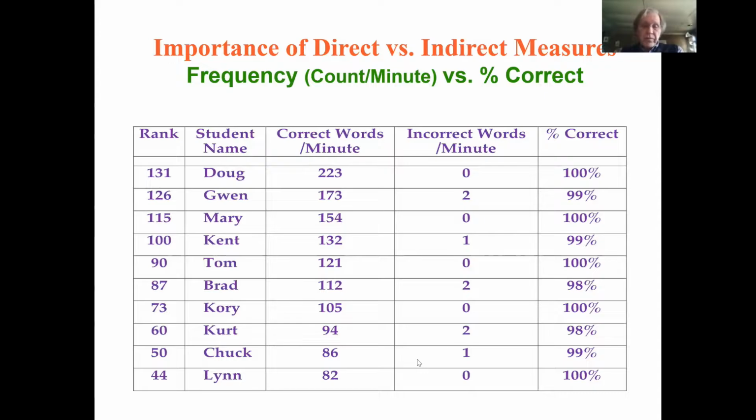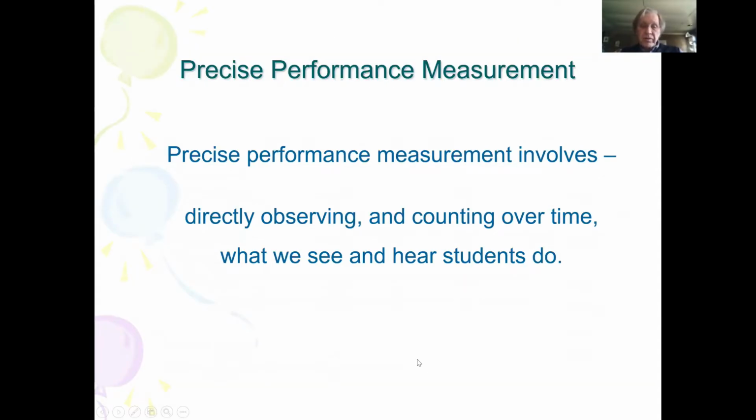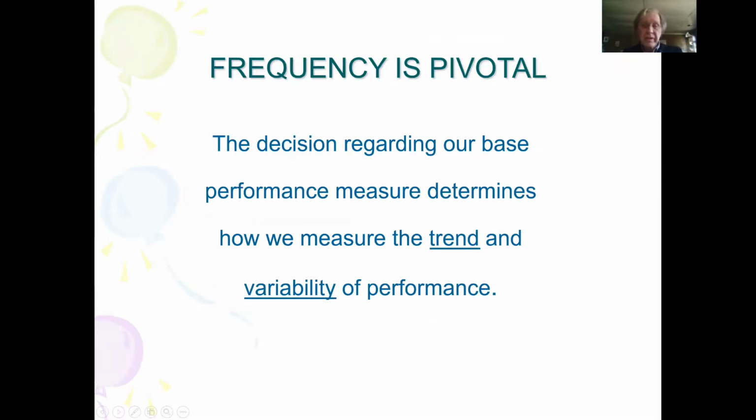Precise performance measurement involves directly observing and counting over time what we see and hear students do. Frequency is pivotal because the decision regarding our base performance measure determines how we measure the trend and variability of performance. Another important aspect of frequency is that it is a measure used in all natural sciences. So by education adopting frequency, we get in line with other sciences.